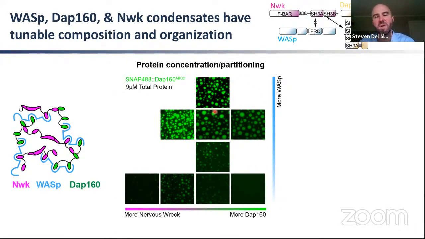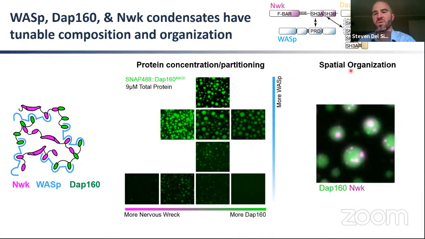What you can see is that as we add WASp, the brightness of DAP160, which is here in green, increases, suggesting that we can tune the concentration of these proteins in the droplet depending on their relative stoichiometry. The only important part here is simply that this is a controllable property; even in these discrete spots, we can really control what's inside them.